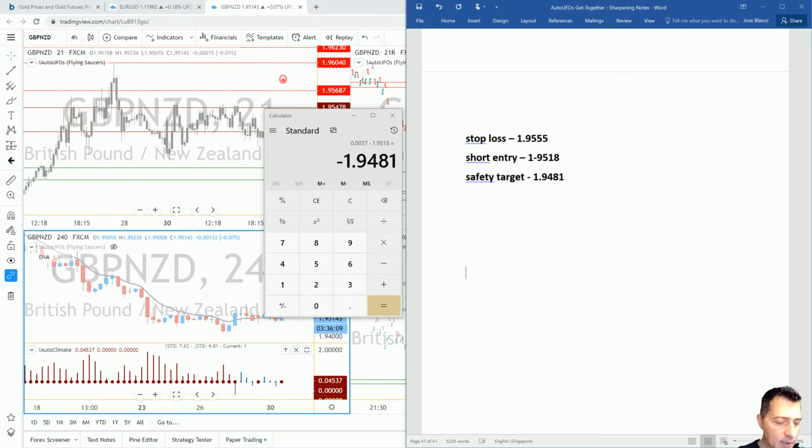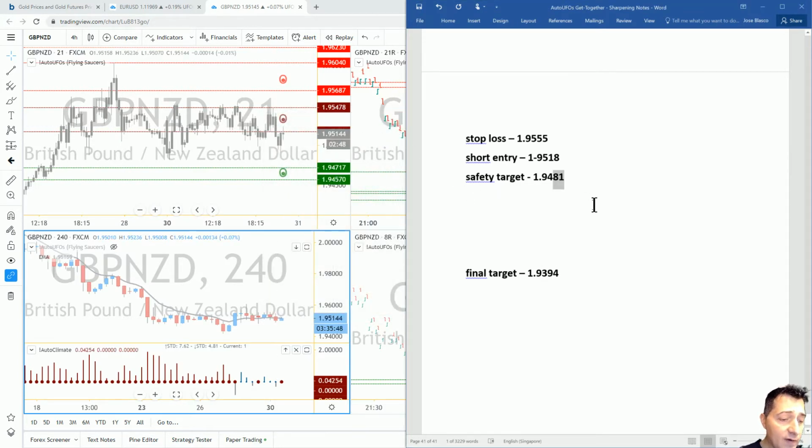And finally, the final target all the way below, which is the ultimate goal for this trade, as we said, would be 193.94. So the moment you reach 81, which is your safety target, you're going to travel another almost 100 pips to get to the final target. Certainly the reward to risk ratio of this trade is very, very convenient. The setup is matching our rules, and therefore this trade is valid.